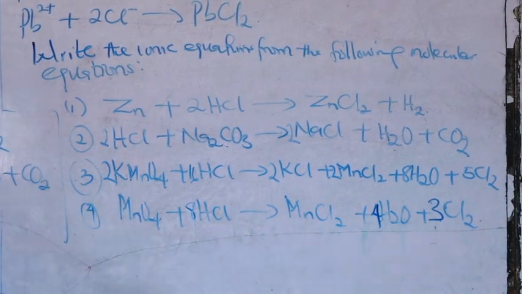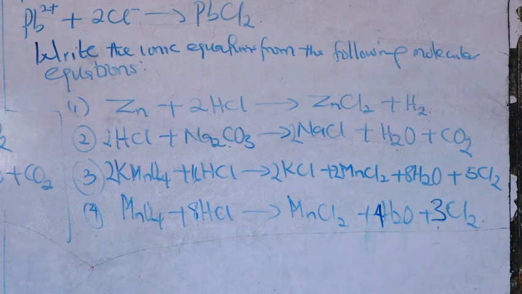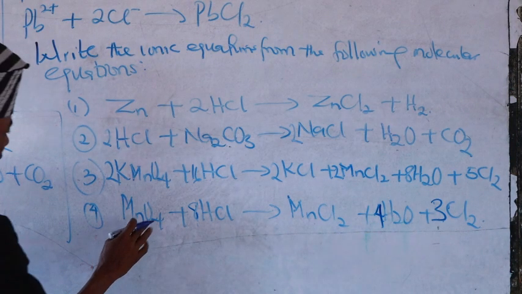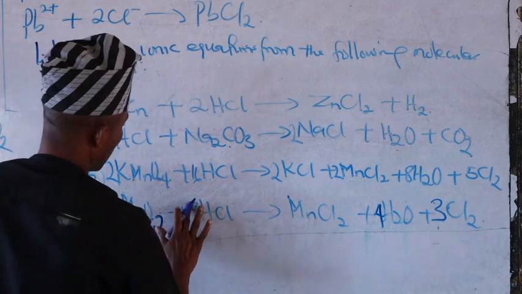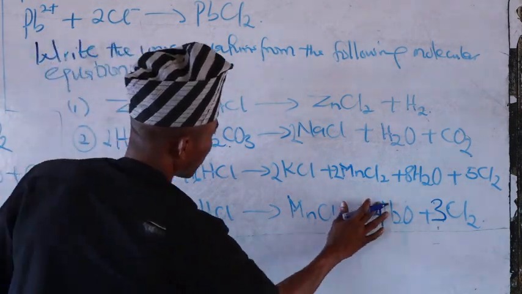The third one is KMnO4 plus HCl to give KCl plus MnCl2 plus H2O plus Cl2. And the last one is MnO2 plus HCl. This equation is not right, this one should be MnO2. That will balance the equation.